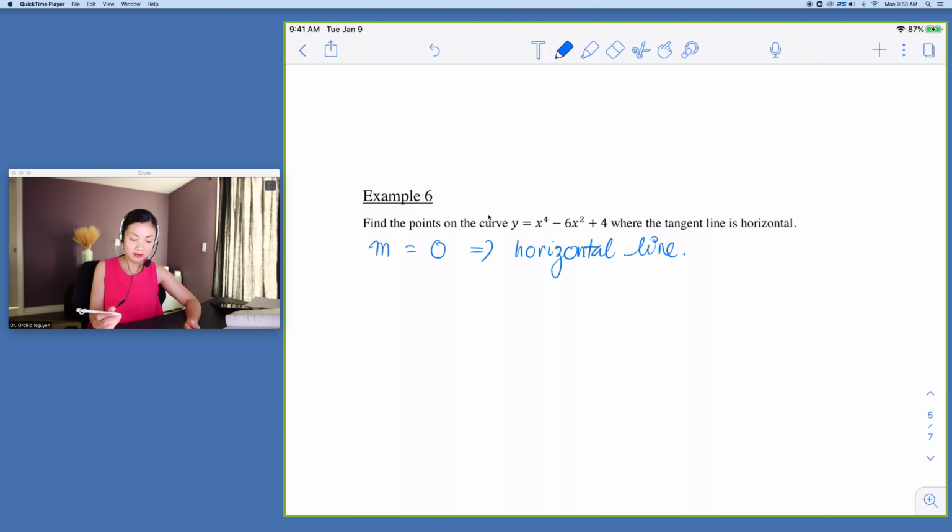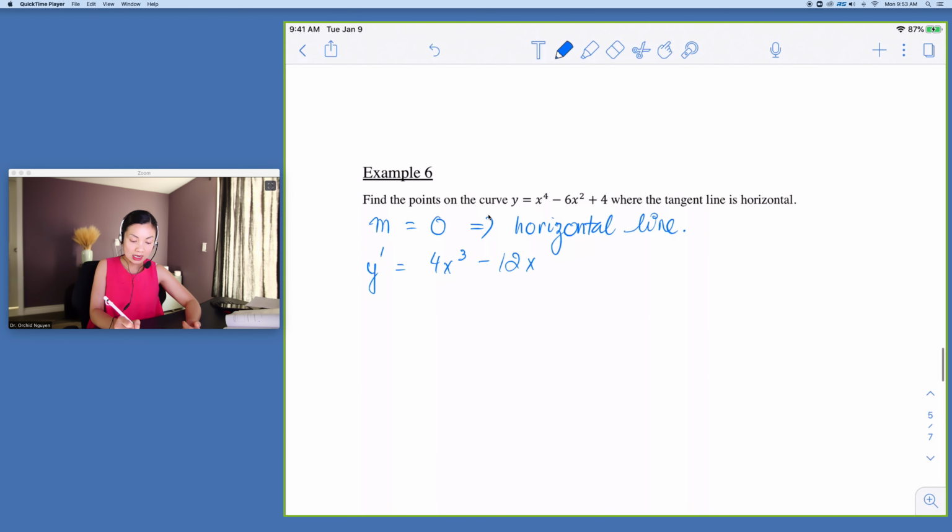Taking the derivative, right? So the derivative in this case is going to be 4x cubed minus 12x to the first power plus 0, right? So I'm going to set this one equal to 0 because we want the line to be horizontal. So the slope has to be 0.